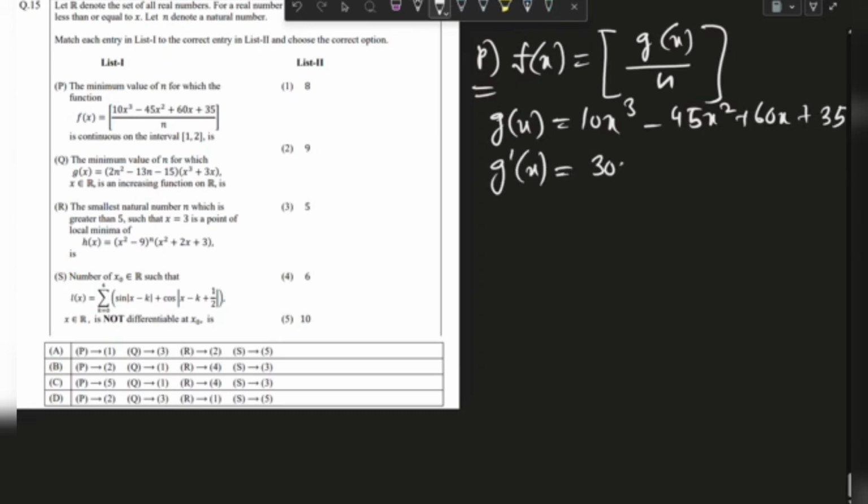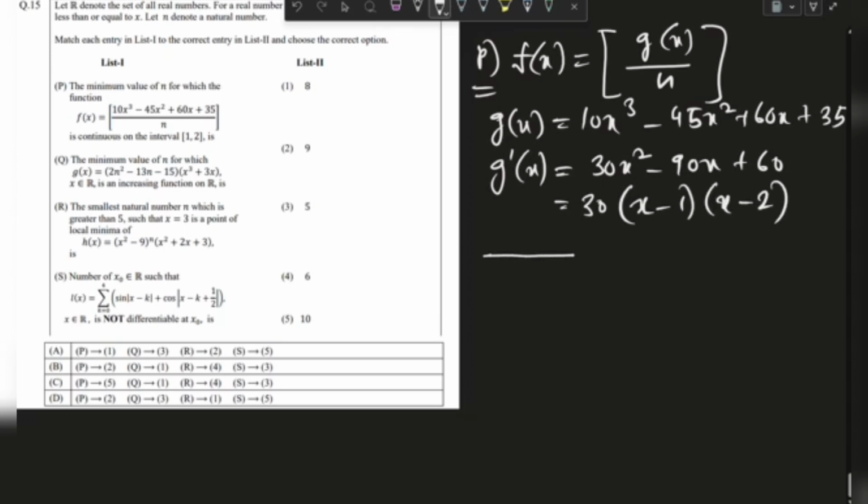So we get it as 30x squared minus 90x plus 60, which you can take 30 common, and you will have x square minus 3x plus 2, which I can factorize as x minus 1 into x minus 2. So basically, if you guys notice, here is 1, here is 2.